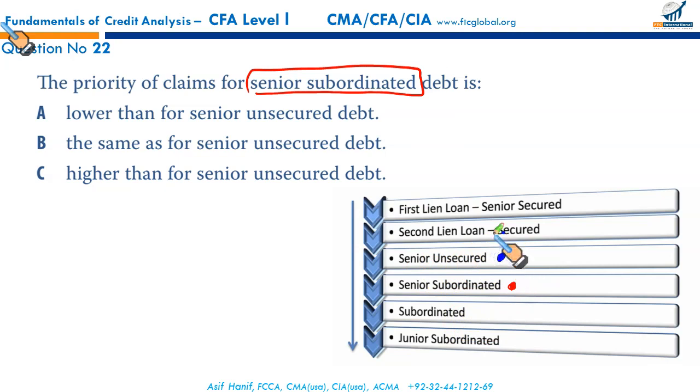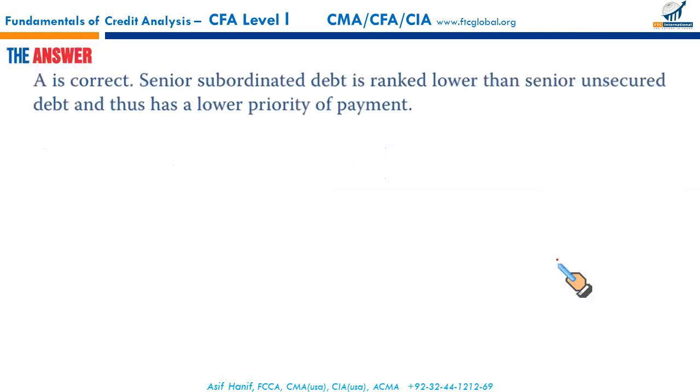Let us mark these first. Now, the priority of claims for senior subordinated debt, this red mark, is it lower than for senior unsecured debt? Yes, it stands lower than senior unsecured debt. That means, look no further, it is not the same, not the higher, rather lower than the senior unsecured debt. So that makes A to be our correct option.